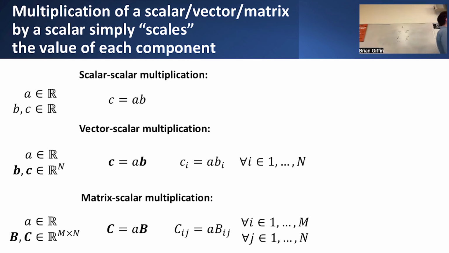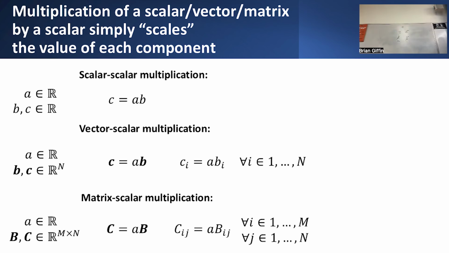So if I were to look at the individual components of this resulting vector C, that would result from the scalar multiplication of A times the vector B, the individual components of the vector C indexed by i would be obtained just by taking the individual components of B and multiplying each of them by this scalar A. And this idea generalizes, obviously, to multiplication between a scalar and a matrix.